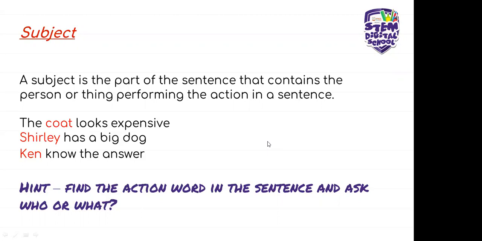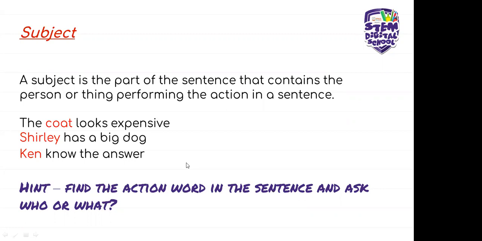Any questions regarding the subject of a sentence? Anything you're struggling with? Anything else? Okay.